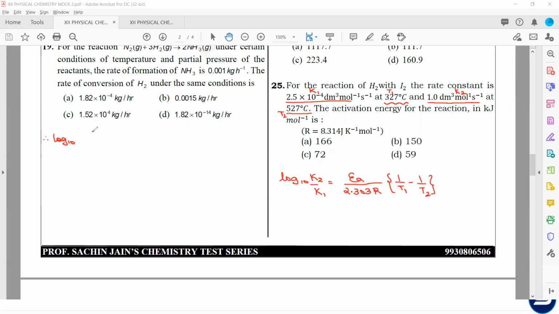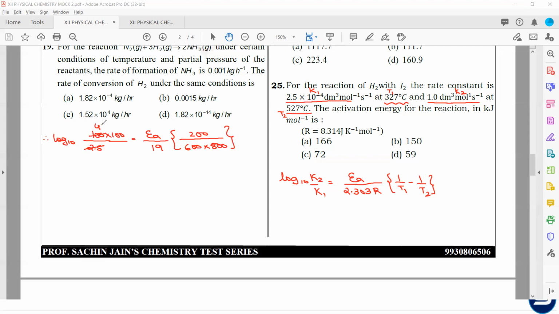Log to the base 10 of 1 upon 2.5 × 10^-4, which will become 10^4, equals Ea by 2.303 R. I have taken the value 2.303 R as 19, and the difference of the temperature is 200. Convert this to Kelvin. This temperature will be 600 and the other will be 800, right?